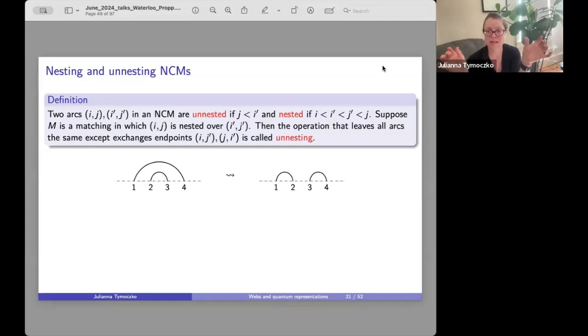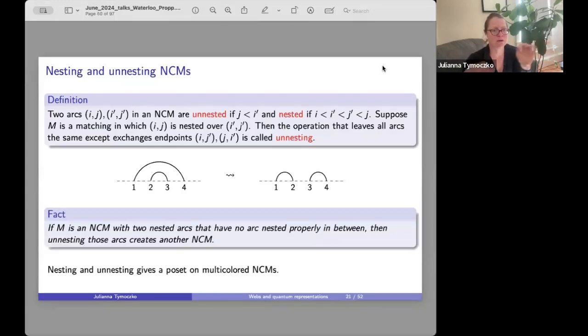You can take some nested arcs and unnest them, or, a little bit more complicated, you could start nesting. We're going to do this operation on non-crossing matchings and even multicolored non-crossing matchings. As long as there's nothing of the same color nested in between, then we can unnest nested arcs.